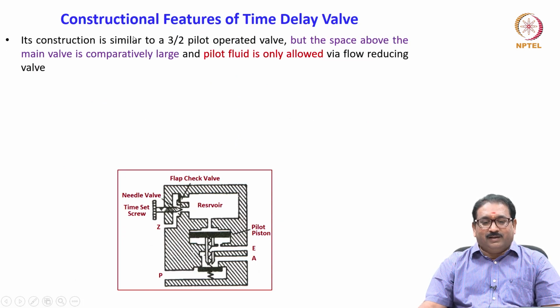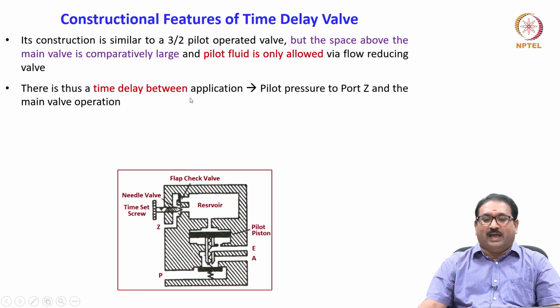See here, the construction is similar to a 3x2 pilot operated valve, but the space above the main valve, this is the main valve actually, is comparatively large here, and pilot fluid is only allowed via the reducing valve.